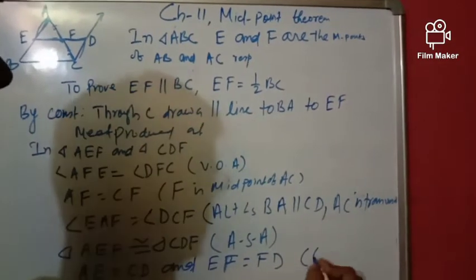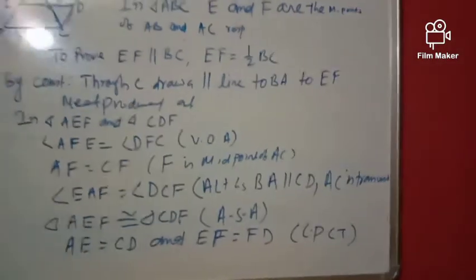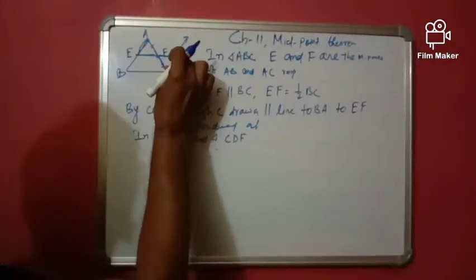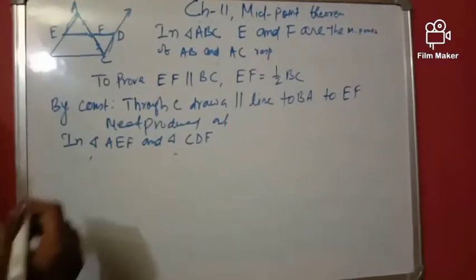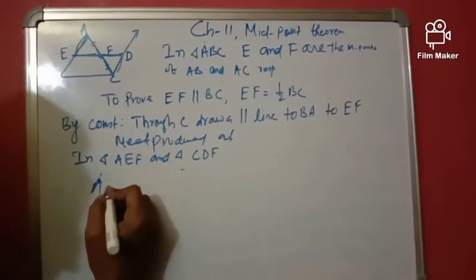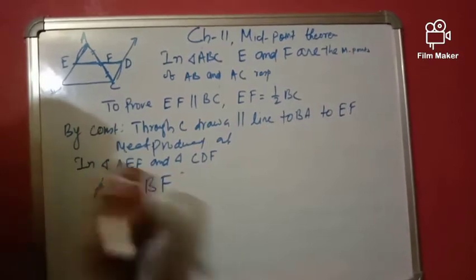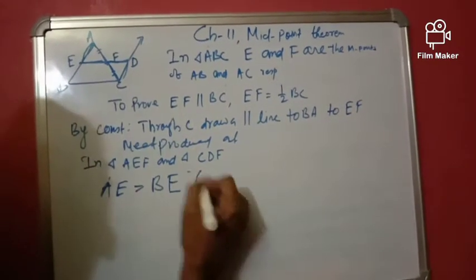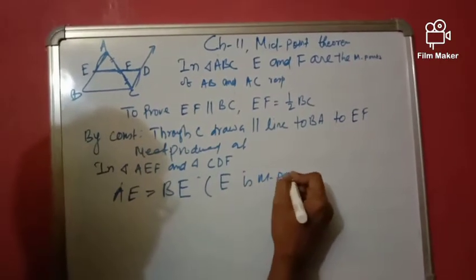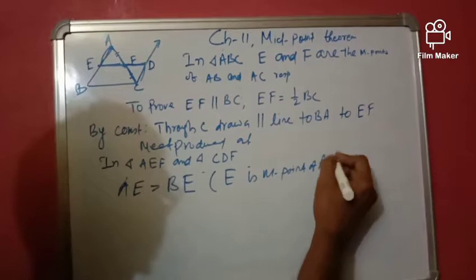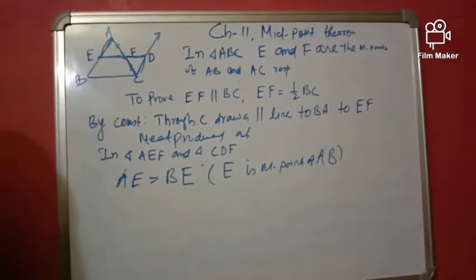Why? By CPCT. Also AE equal to BE. Why? Because E is the midpoint of AB.